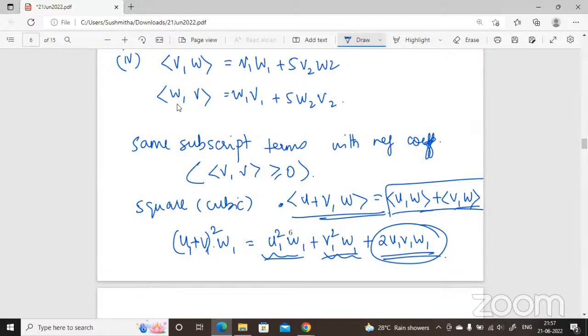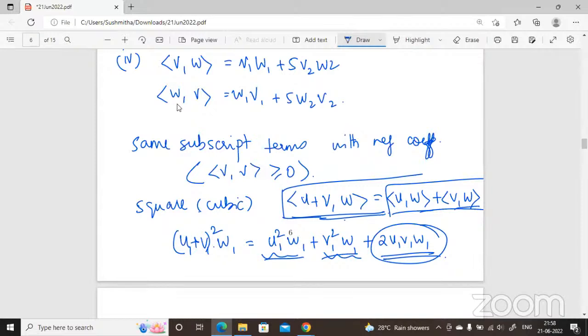After checking all that with so much pain, you go to the last condition and find it is not true. Instead, when you know there is a square term, you check this first, right? That's a trick. So you understood the trick, right?